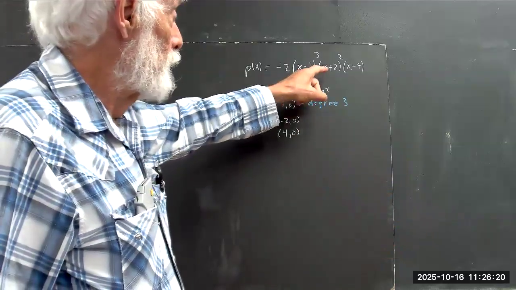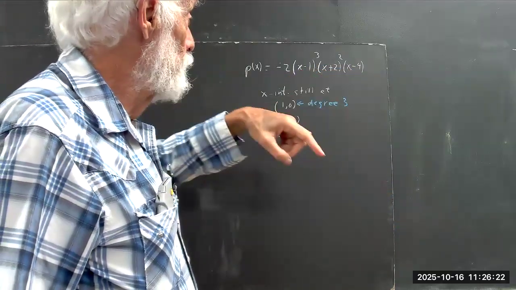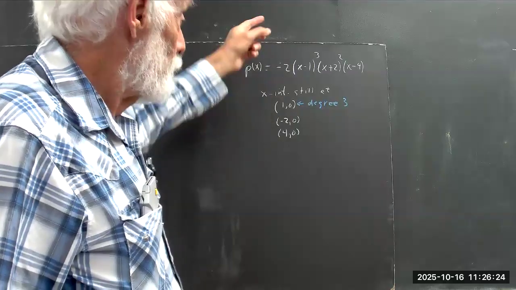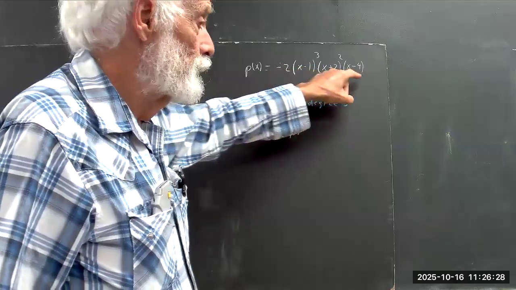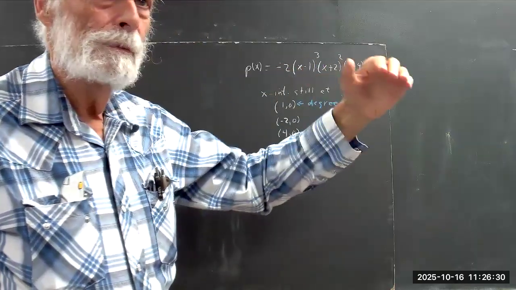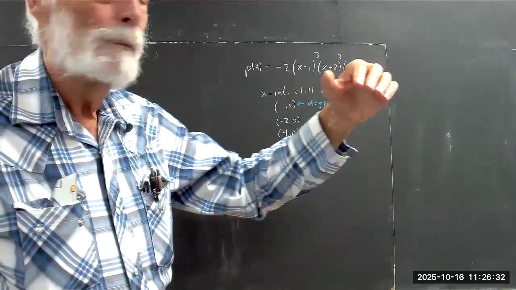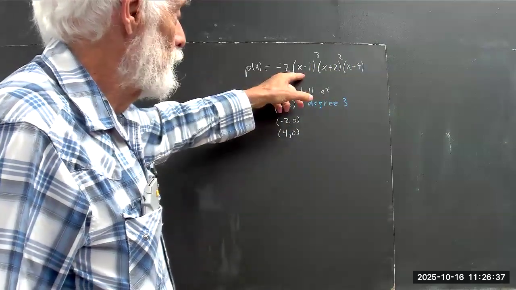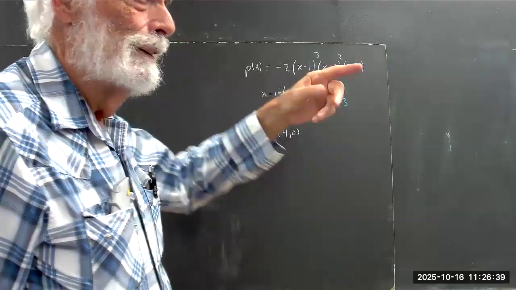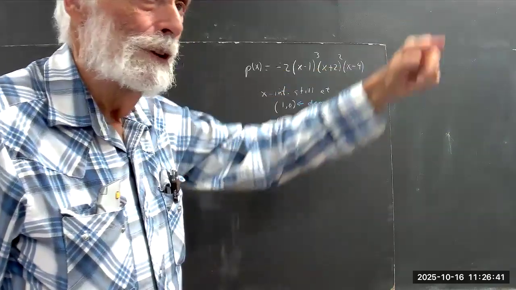If x equals 1, you've got what, 9 here, and -3, -20, so you got 54. So if x is close to 1, all the rest of this stuff stays pretty close to -54. Okay. But the x minus 1 cubed does the thing that a cube does.